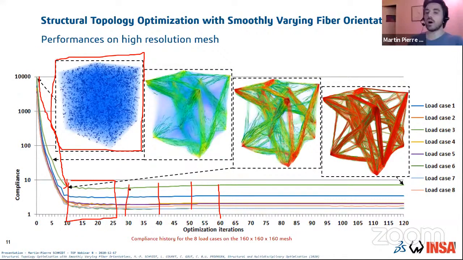Yeah, so obviously if we are in full 3D and we want to use an orthotropic material with three different stiffnesses for the three principal directions, then we would need to model the three angles to have the twist around the main directions, which we don't have to do if we just focus on fibers.